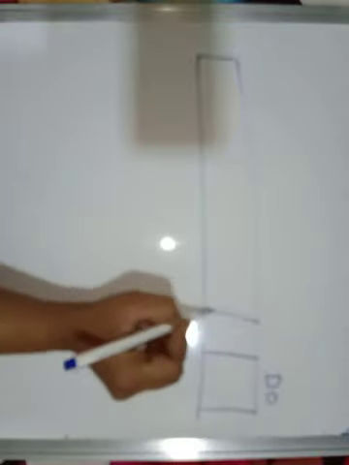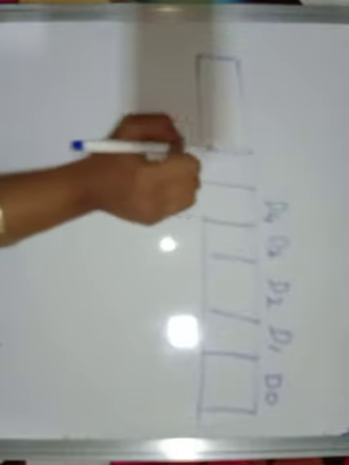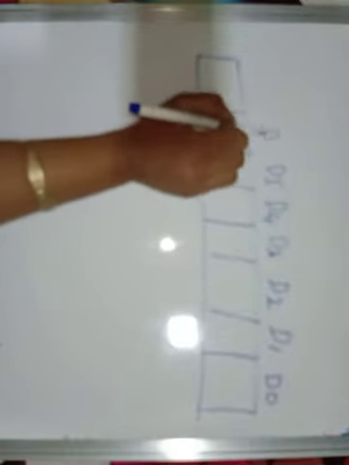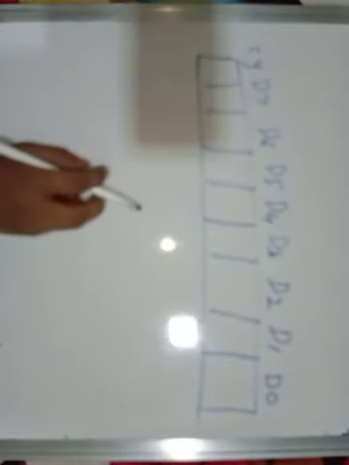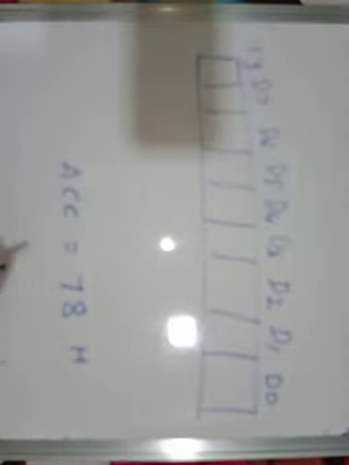First of all, you have to draw the flag register, meaning how to put the bits D0, D1, D2, D3, D4, D5, D6 and this is D7, as well as the carry flag. Okay, now if your accumulator's contents are 78H, first convert this into binary.